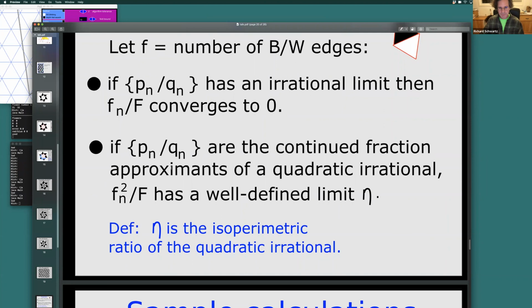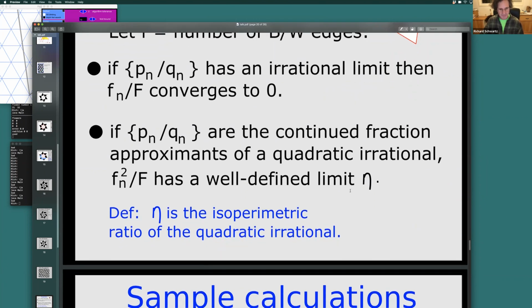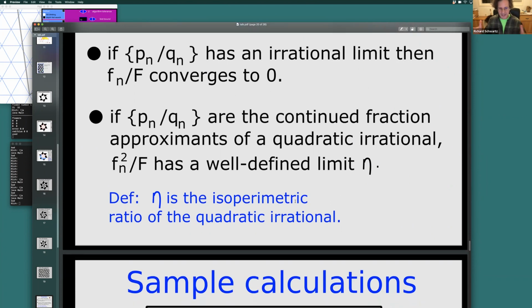Then you can look at the fold count squared over the number of triangles, and this turns out to have a well-defined limit. I would call this the isoperimetric ratio of a quadratic irrational number. It's the fold count squared over the number of triangles.